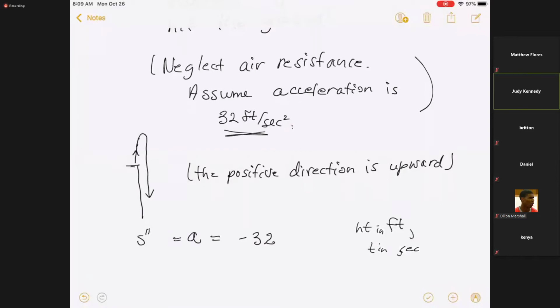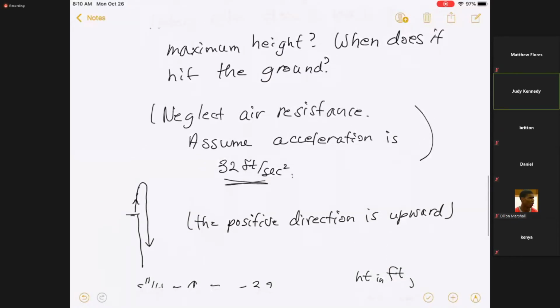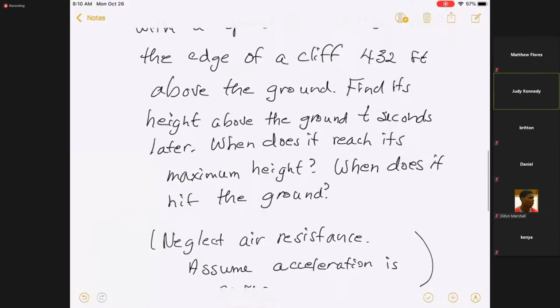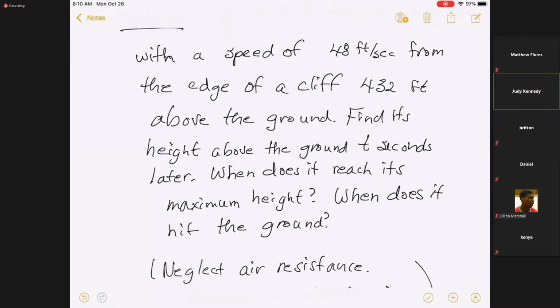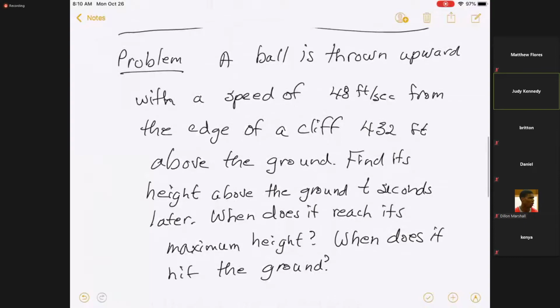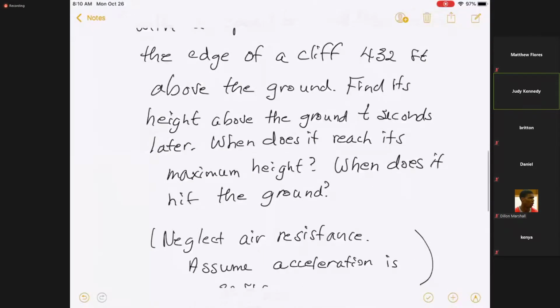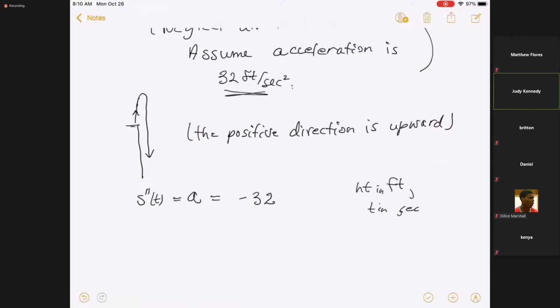It's s double prime, where s is going to be our position function. s is going to tell us how high above the ground the ball is at time t.